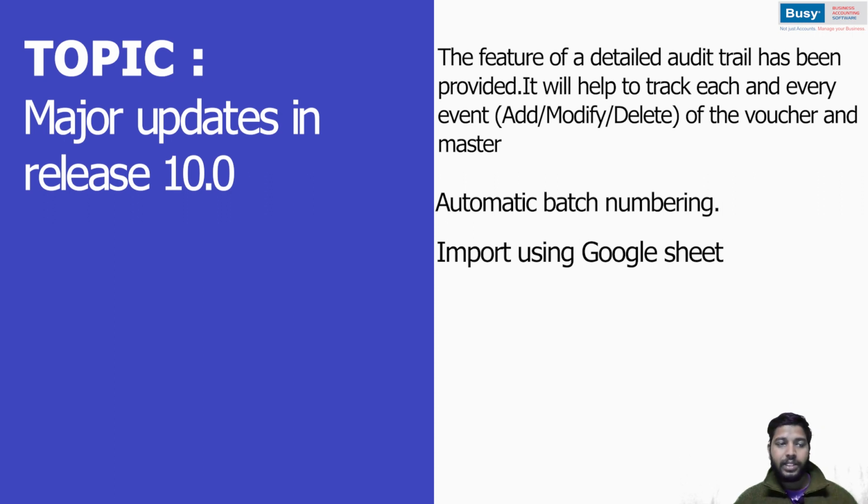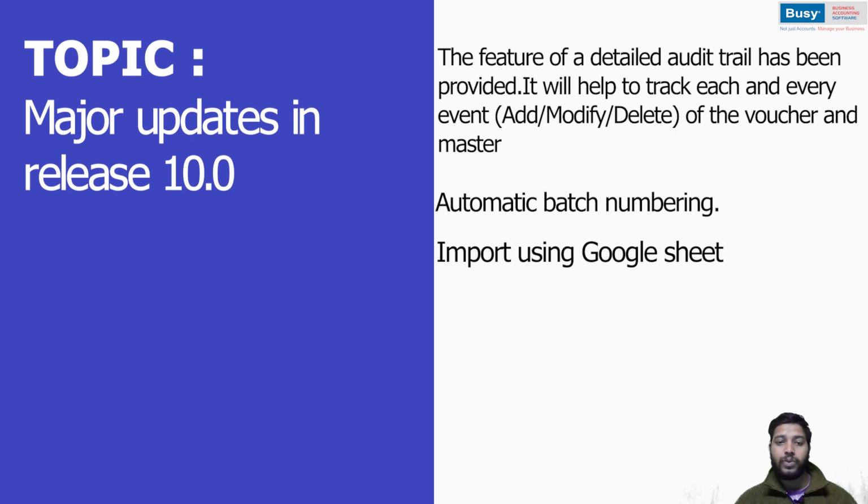The third major change is related to import from Google Sheet, which was not available till now, but in release 10.0 it is provided, so that now we can import using Google Sheet. Here we just need to authenticate our Gmail ID with the Busy application, and then we will use a Google Sheet which will be automatically created by Busy in our Google Drive.